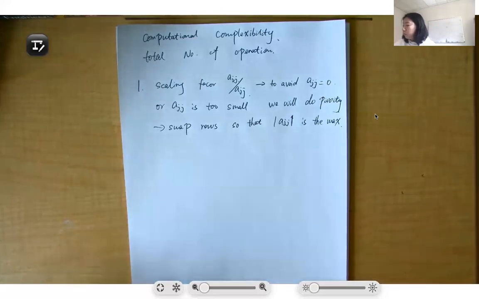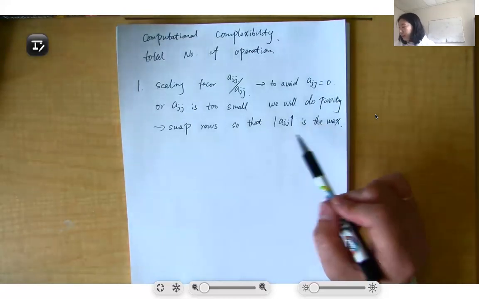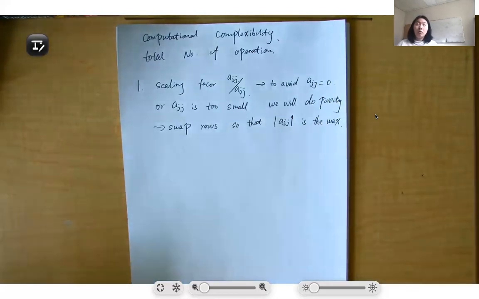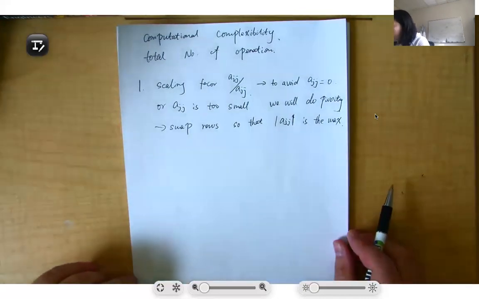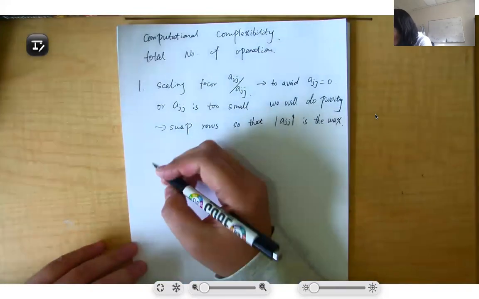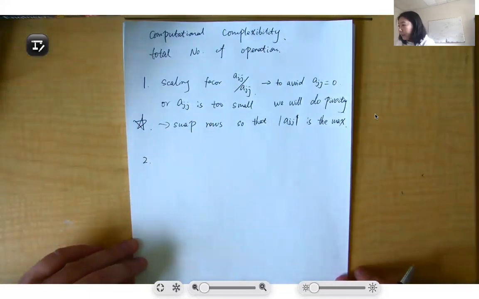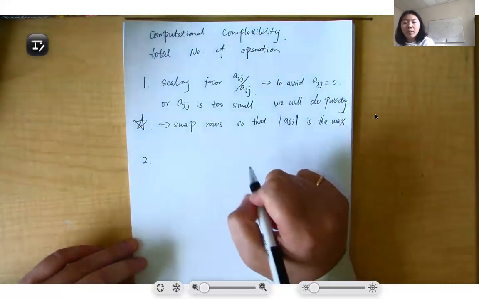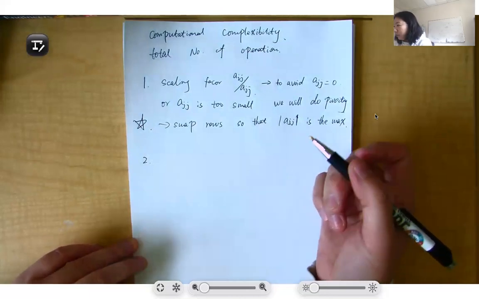We swap rows to ensure that the absolute value of Ajj is the maximum, for example ensuring A11, A22, A33, A44 until Ann are the maximum along their rows, so that the scaling factor won't go wrong. That is very important for Gauss elimination, and we want to emphasize pivoting one more time. Pivoting is usually something MATLAB or programming will have in Gauss elimination.